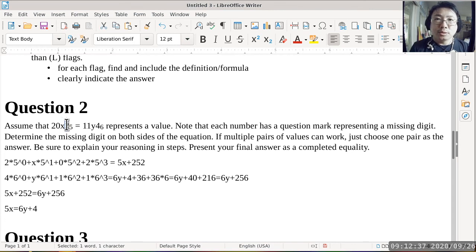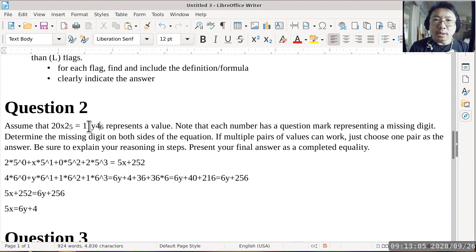So there's a 2 and 2 of 1, and then we have 5, 25, and 125. So 252 seems to be correct in this case. And then in the base 6 number, we have the 4, and then 4 of 1, y of 6, 1 of 36, that is correct, and 1 of 36 times 6.